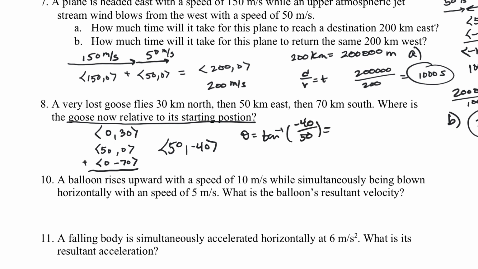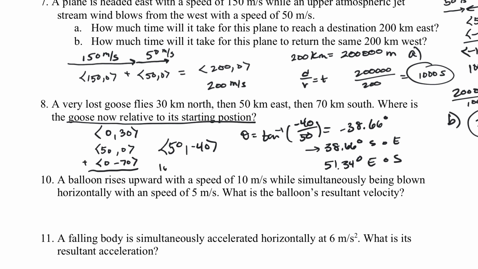That would give you negative 38.66 degrees, but we're going to call that 38.66 degrees south of east. You could also talk about that being 51.34 degrees east of south. I really probably would go with the first answer, although it doesn't really matter.